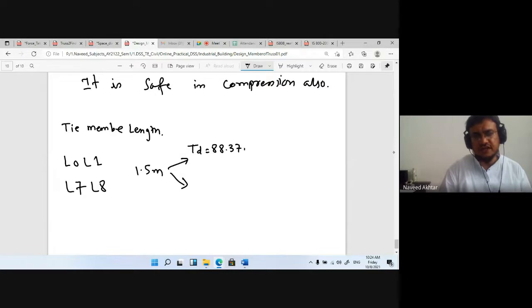which is greater than 81 kilonewton, and the PD compression strength we have calculated is 124.71 kilonewton, and that is greater than 70.63 kilonewton.